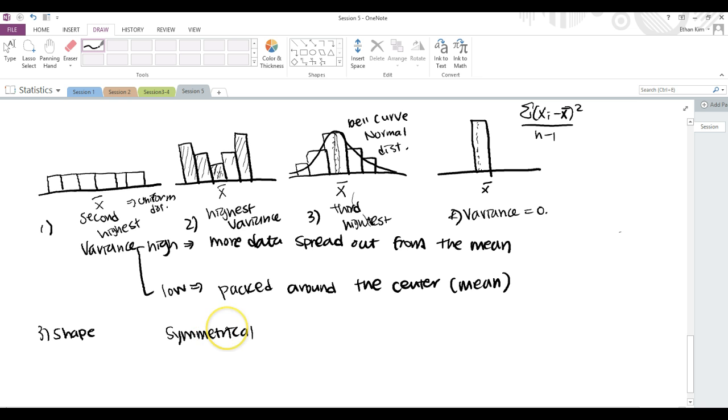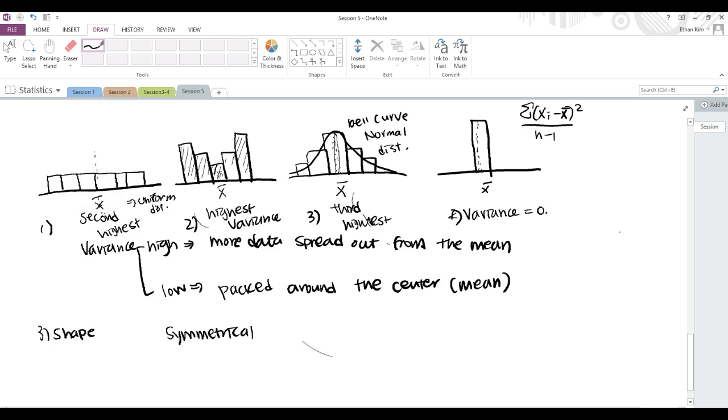If you were to fold these graphs in half about the mean, you will have the same. From this side to that side is the same. From this side to that side is the same. Same here. It's all symmetrical, and we call this symmetrical, right?